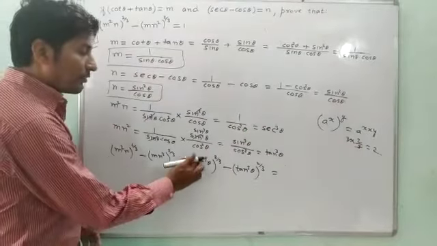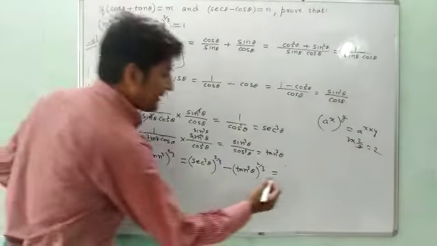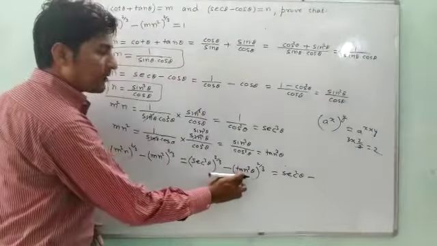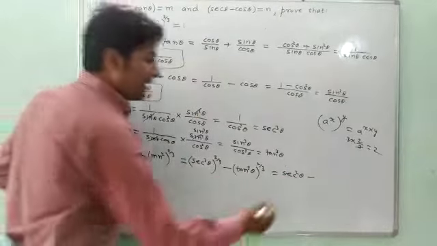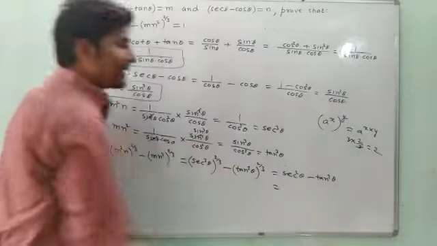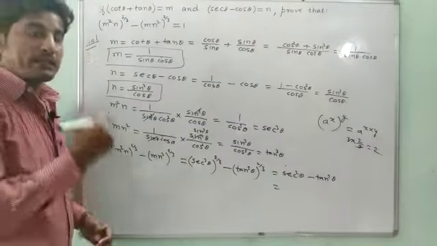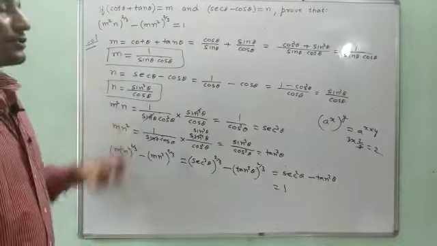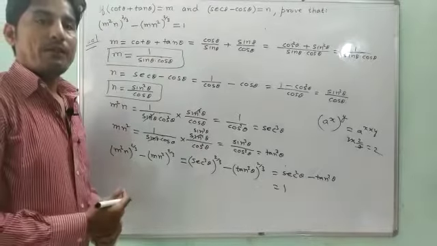So sec cube theta whole to the power 2 upon 3 will equal sec square theta minus, similarly, tan cube theta to the power 2 upon 3, we can write tan square theta. As we know, sec square theta minus tan square theta is equal to 1. So we can write here 1. So LHS and RHS are both equal. That's why it is verified.